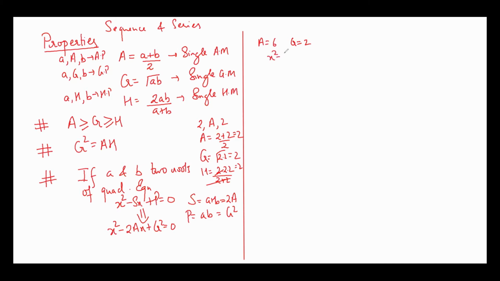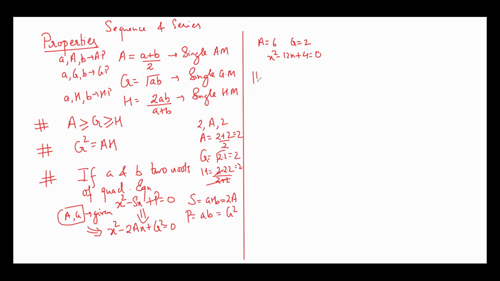This is the quadratic expression in A and G, example only. Okay, now this is how you can find out. That means if A and G are given to us, values of arithmetic and geometric mean given, using these you can find out the quadratic equation in terms of capital A and capital G.